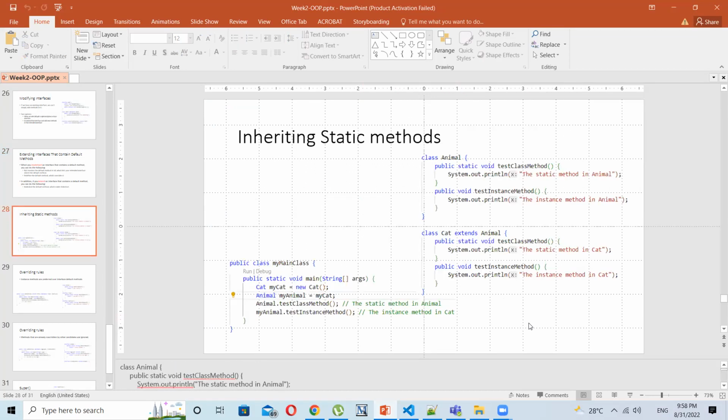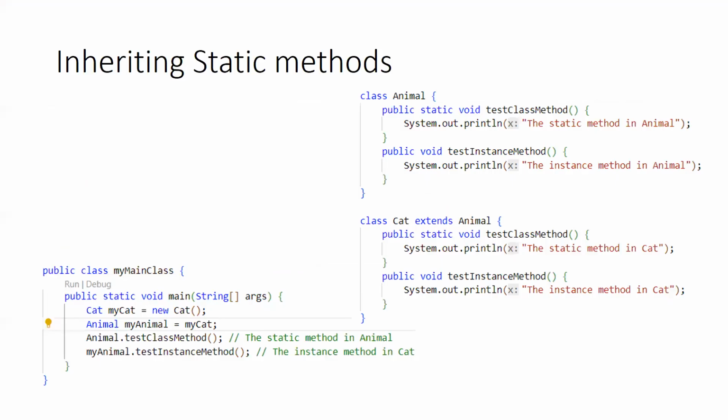Now this is somewhat similar: you cannot use objects to call static methods, even if those static methods are present both in your base class and your child class.